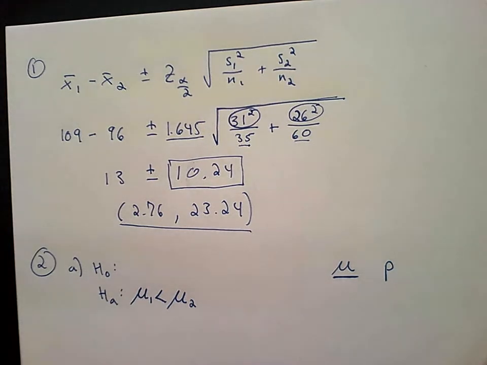So here, we're saying that we want the average of group 1 to be strictly less than the average of group 2. But the average that we're looking at has to be a parameter. So therefore, the parameter of group 1, which is just the average of group 1, has to be strictly less than the parameter of group 2, which is just mu of the second group. Right, is everybody good with this? Alright.